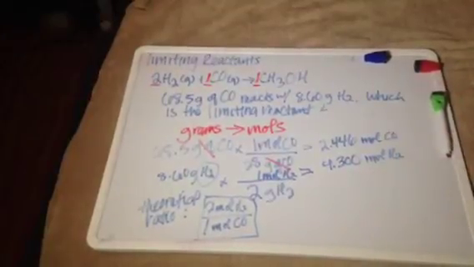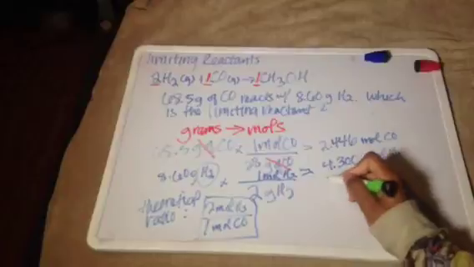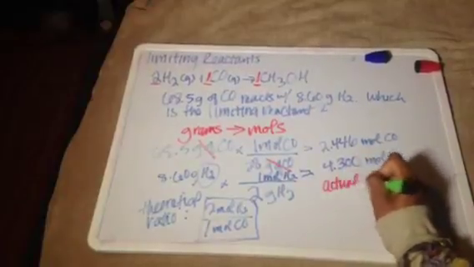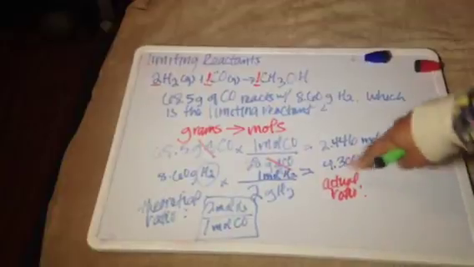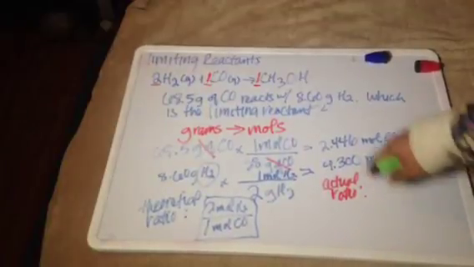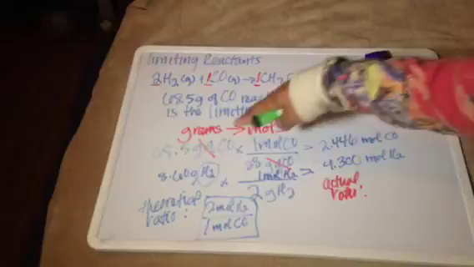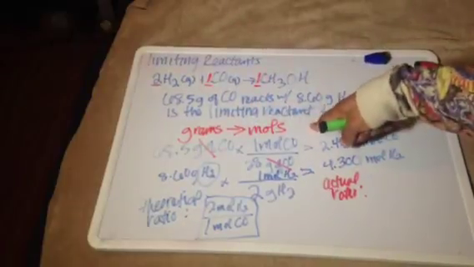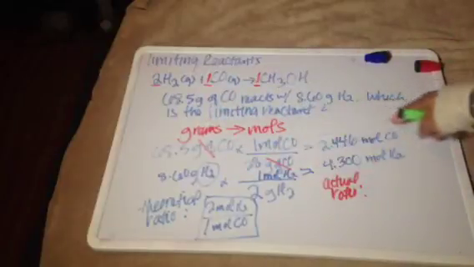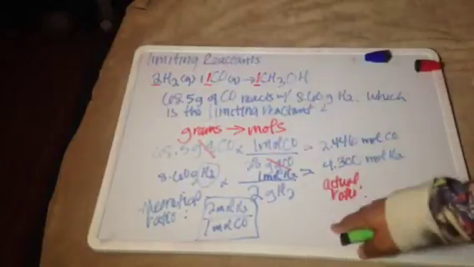I'll do our actual in red. So let's say actual ratio. And this is our actual ratio because we've actually done work based on the information provided in our problem to calculate the exact amount of moles for each element.